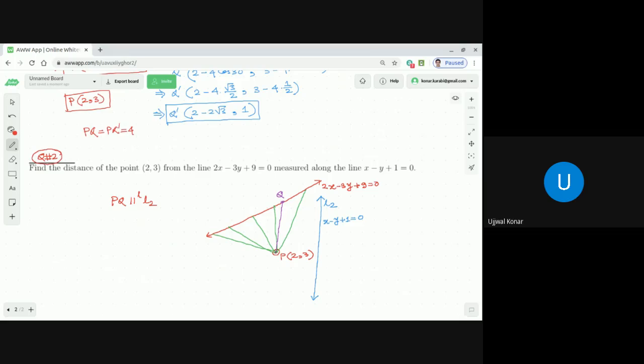So what do we need to find? We need to find a point on the straight line 2x minus 3y plus 9 equal to 0, such that if the point is Q, then PQ is parallel to the straight line x minus y plus 1 equal to 0. There are multiple ways you can solve this problem, and all the relevant information is what we have discussed so far on straight lines.